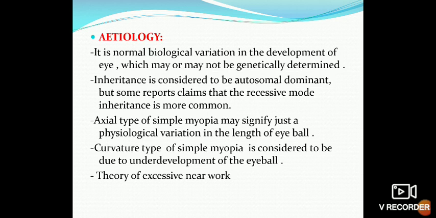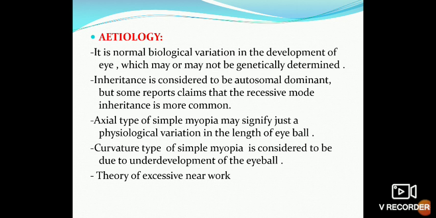Curvature type of simple myopia is considered to be due to underdevelopment of the eyeball. So remember, the most common type of myopia is axial myopia. Curvature type of myopia is the other, less common type, and it is due to underdevelopment of the eyeball.